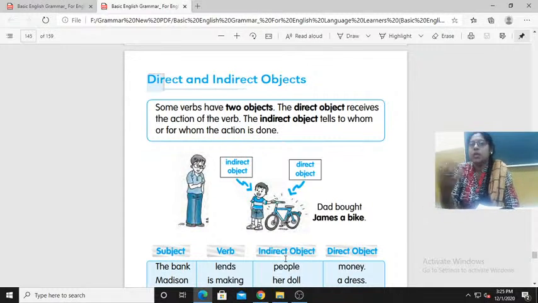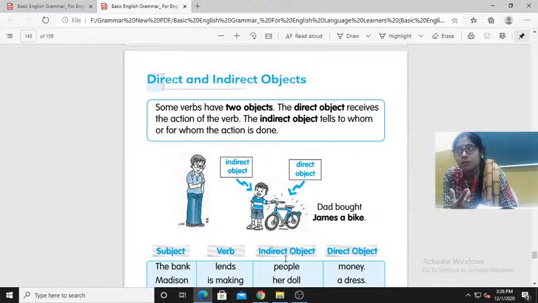So let us know. Just see this screen. I am going to share this screen with you. See this one. Some verbs have two objects. The direct object receives the action of the verb. My mother gives me a pen. Gives what? She gave a pen to me, isn't it?